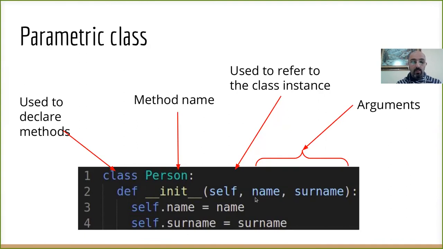Then the first variable used as a self-reference is followed by the values that we want to assign to attributes. In the following we have the syntax self.name equals name, self.surname equals surname. What are we defining? We are defining that we have an attribute called name, and we know that this is an attribute because it is part of the class itself.